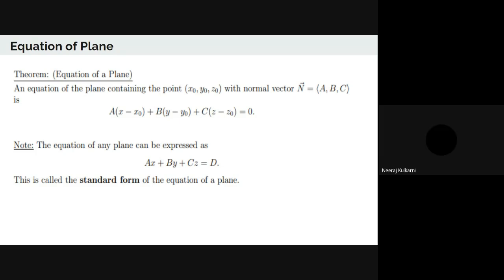Yes. So for the plane, we need a point that is on the plane and a normal vector which is perpendicular to the plane.